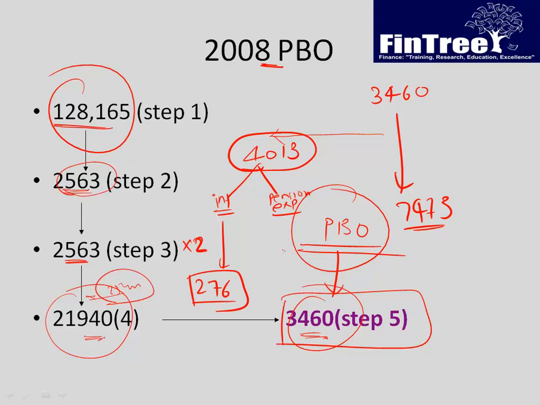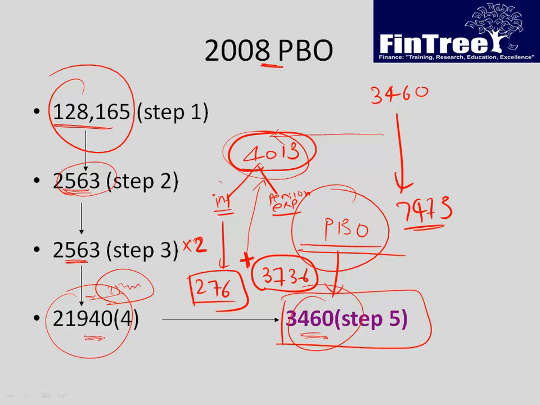How much is that? 3736. Is that correct? So now take the total of 3736 plus 276. It would be 4013.